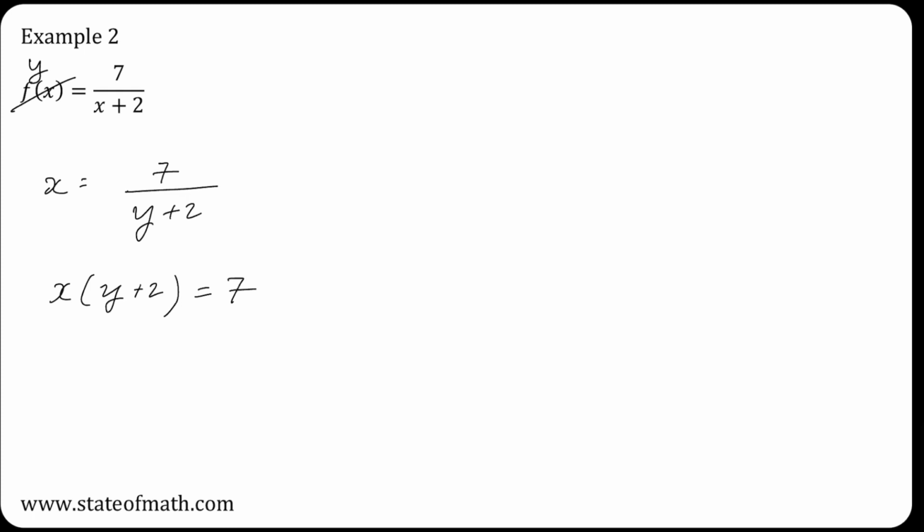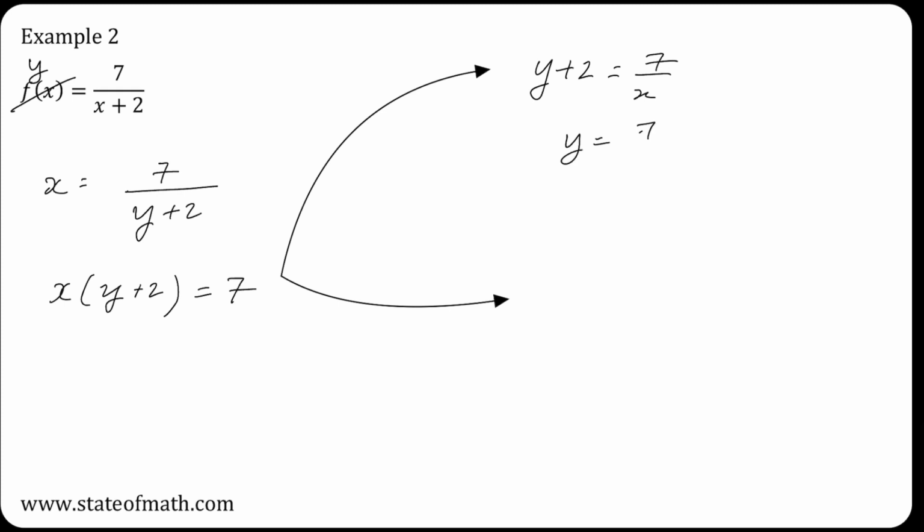And now I can proceed with two different approaches. For the first approach, I will divide both sides by x, so I get y plus 2 equals 7 over x, so y is equal to 7 over x minus 2. Hence, the inverse function is f minus 1 of x equals 7 over x minus 2.